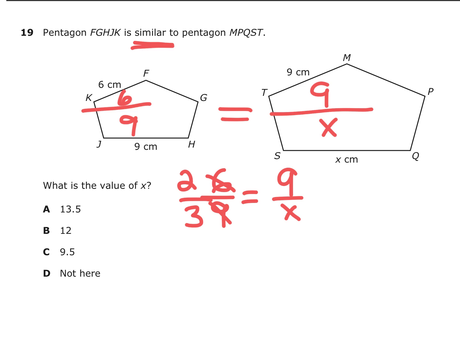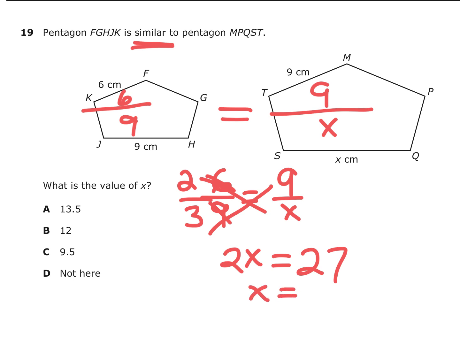So now you can multiply 3 times 9, that's 27, and that's equal to 2 times x, that's 2x. So if 2x is 27, then you divide by 2 on both sides. 27 divided by 2, half of 27 is 13.5. So the answer here should be A, 13.5.